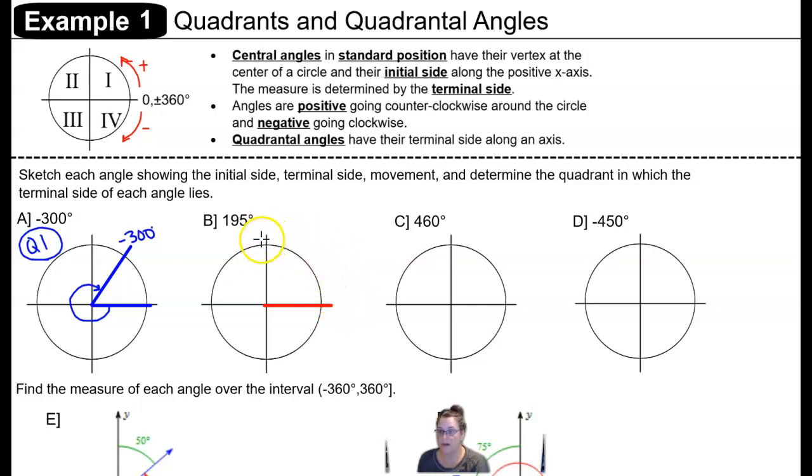So I would go 90, 180, and then another 15 would be 195 degrees. I need to indicate the direction of the rotation, starting from the initial side. Then I rotated in the counterclockwise direction to the terminal side, and that terminal side is lying in quadrant 3.